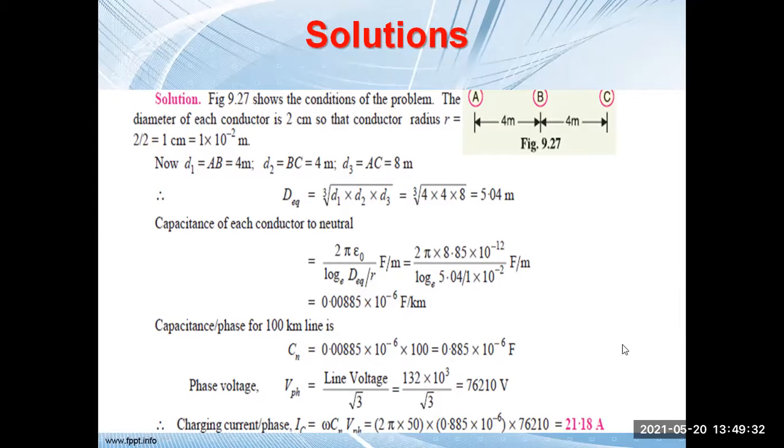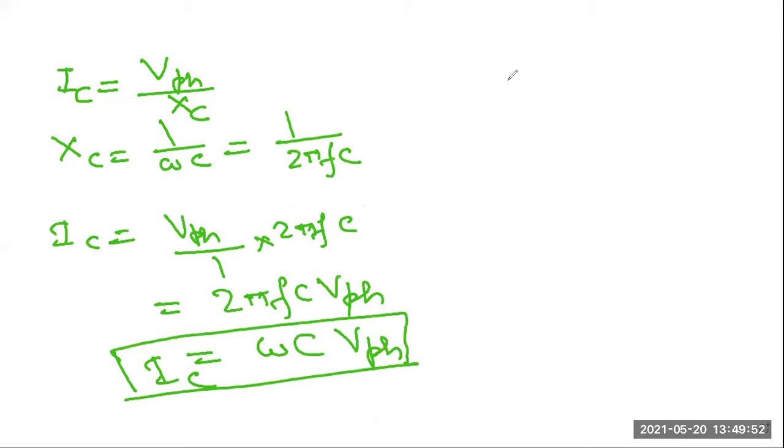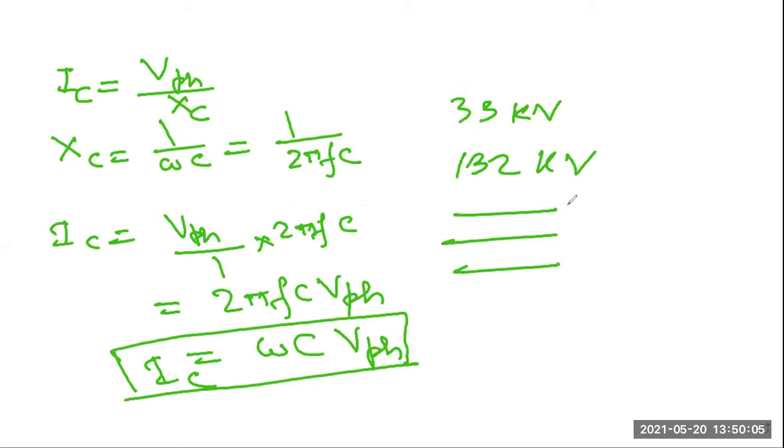Sir, how do we know whether the voltage given in the question is phase voltage or line voltage? Yes, this is a very good question. Appreciate your question. This is a thumb rule you have to remember. Whenever in the problem anything is given, let us say a 33 kV line, maybe a 132 kV line, always remember these are all line to line voltages.